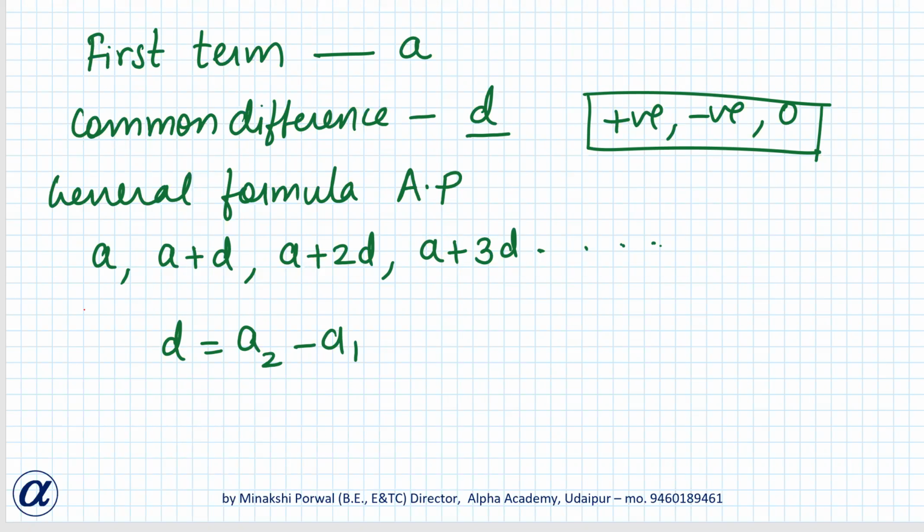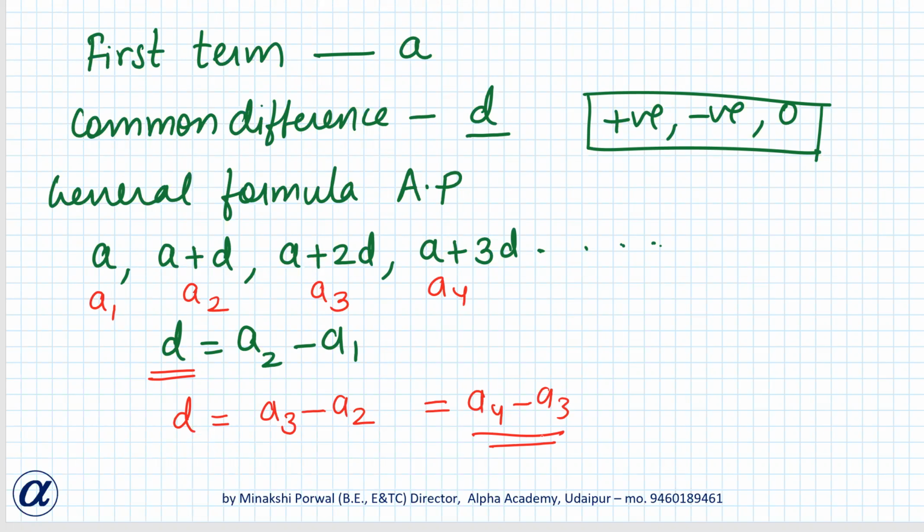Suppose the first term is a1, the second is a2, the third is a3, the fourth is a4. By taking the difference of any two consecutive terms, the common difference can be obtained. d equals a2 minus a1. d is also equal to a3 minus a2, or a4 minus a3. This way we can obtain the common difference.